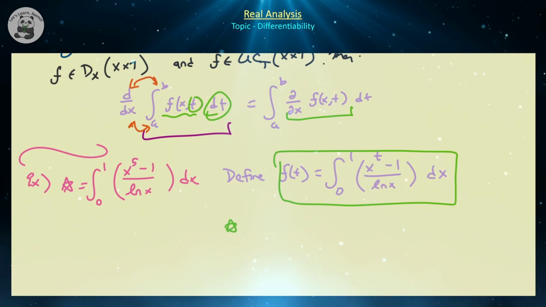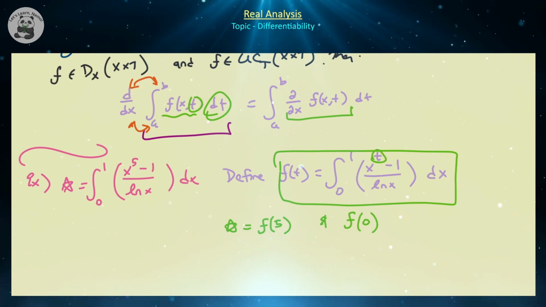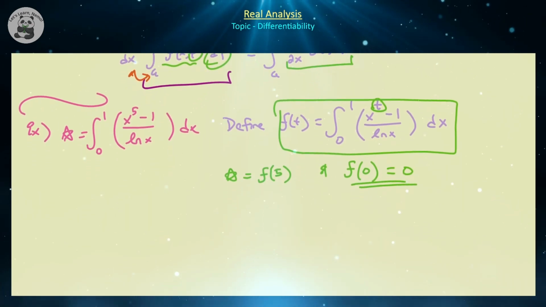The problem that we want, star, will be equal to f of 5. And also, if I plug in 0 for t, I'm going to have x to the power of 0, which is equal to 1. 1 minus 1 is 0, and the integral of 0 is 0. So I'm going to have that star, our goal, is equal to f of 5, and also f of 0 is equal to 0. And I'll use that in just a moment.